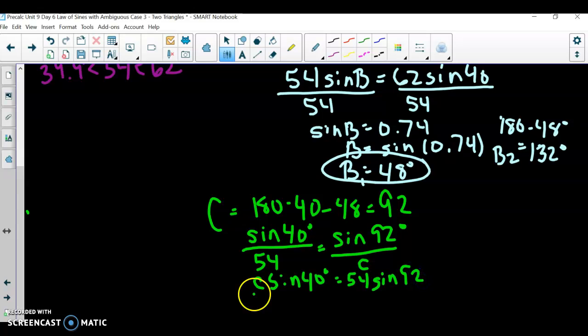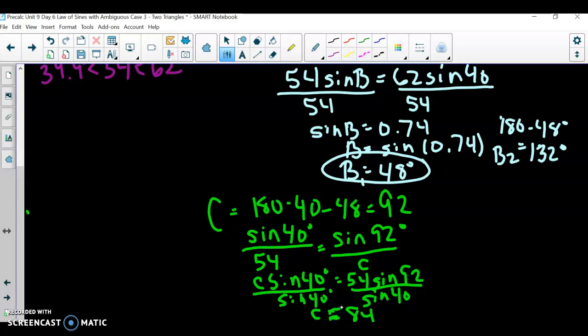And then we divide by sine of 40. And we get c is approximately 84.